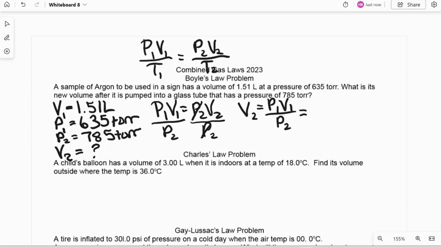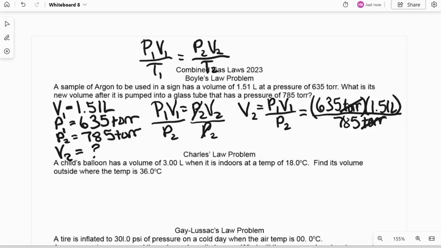So let's plug in our numbers now. So P1 is 635 torr. I'm going to use my units in here because if I use my units in my rearranged equation, it will tell me if I've made a mistake. And then 785 torr on the bottom. So you can see that the torr is going to cancel out, and I'm left with units of liters on the top.